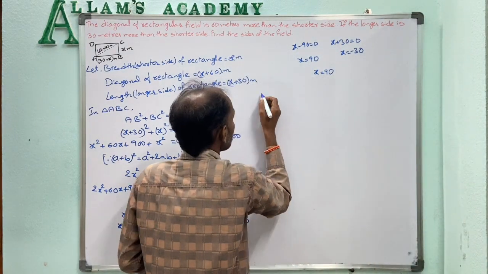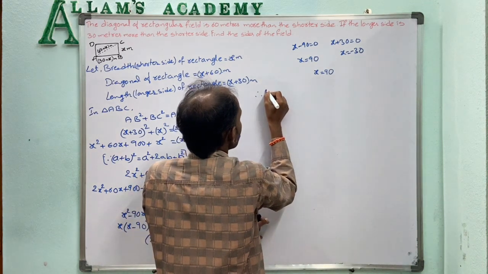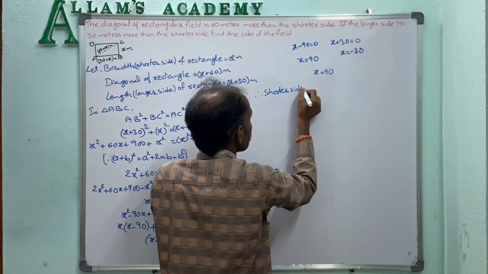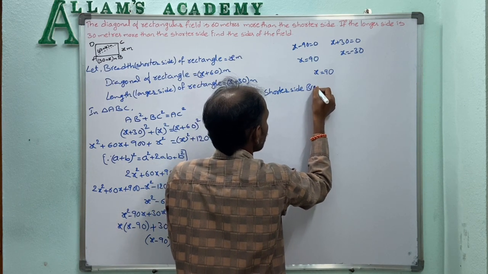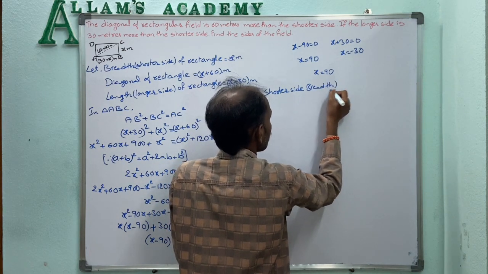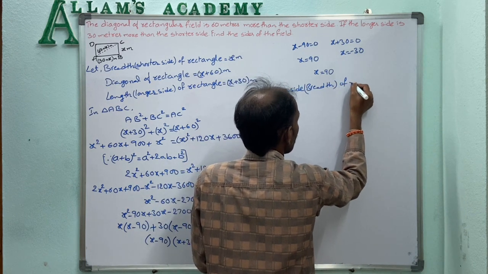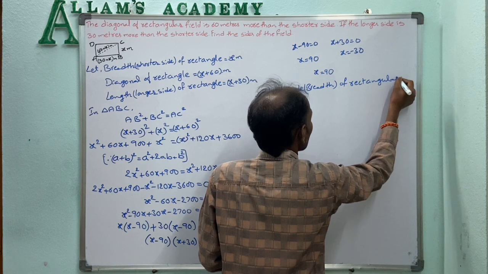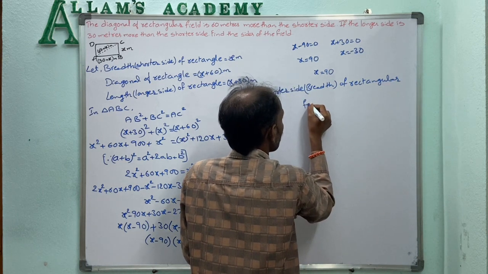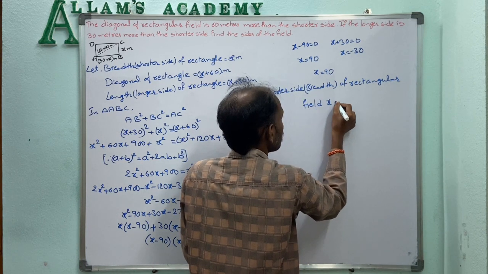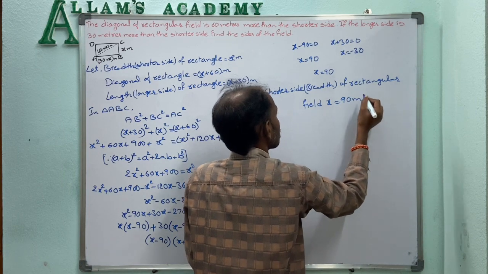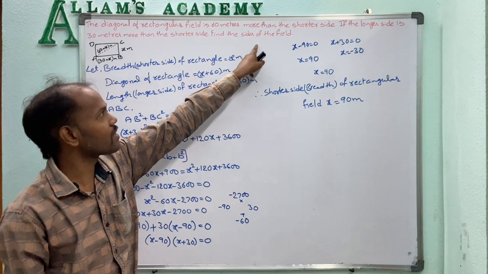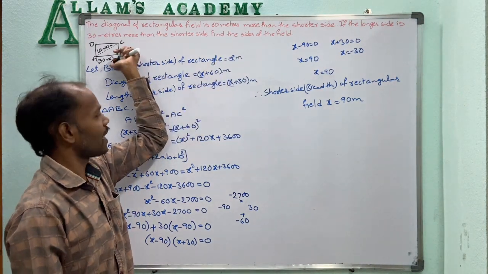So therefore, the shorter side, that is nothing but the breadth of the rectangular field, x equal to 90 meters. Next, the sides of the field asked for are nothing but breadth and length only.